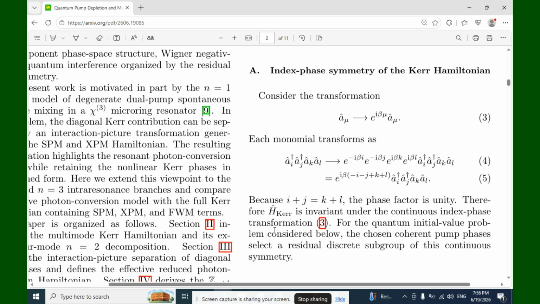Therefore, H_Kerr is invariant under the continuous index phase transformation. For the quantum initial value problem considered here, the chosen coherent pump phases select the residual discrete subgroup of this continuous symmetry.